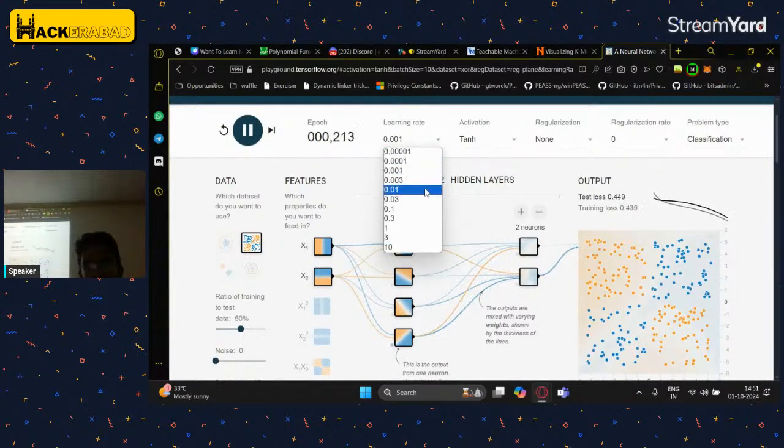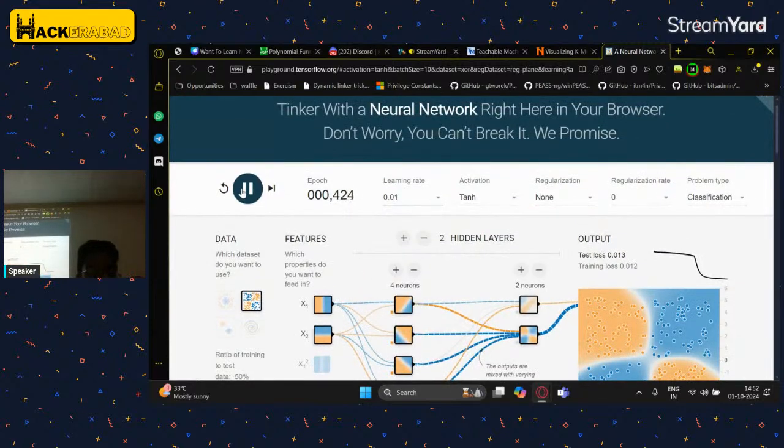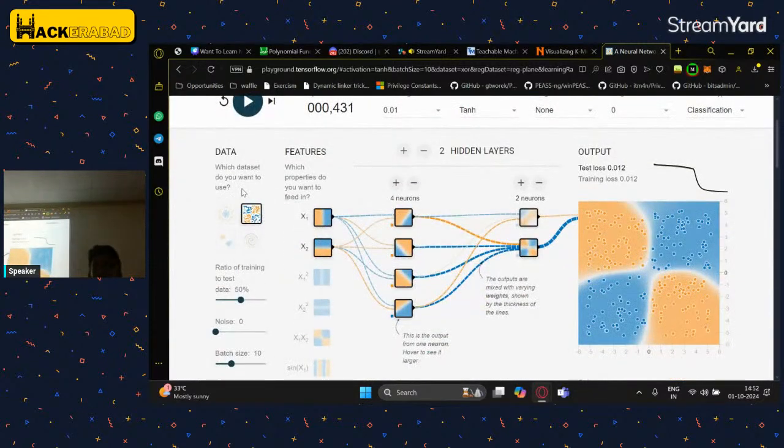Let me speed it up. You can see the boundary that is forming, right? So that's what neural network is widely used for. It can learn from the data. You don't have to make sure that you are using the exact algorithm. It works in the most general cases.